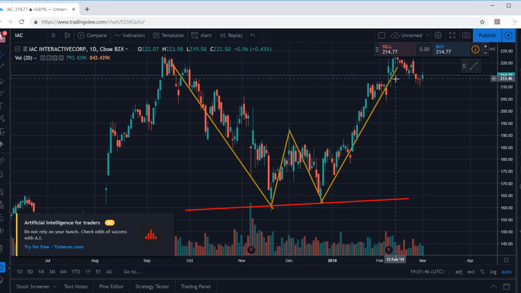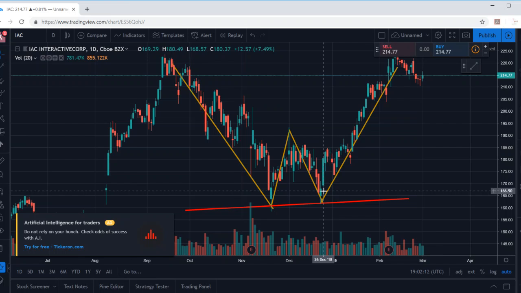Then it started going up. This is the double bottom that I am talking about. The stock made this W shape. Then see how the trend went up. This is how you read the patterns in the stock market. They are really useful when you know how to read them.